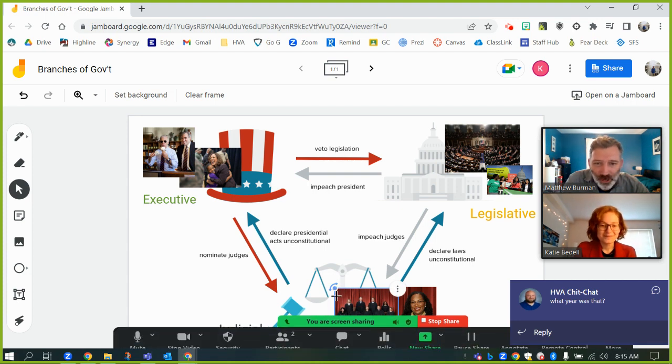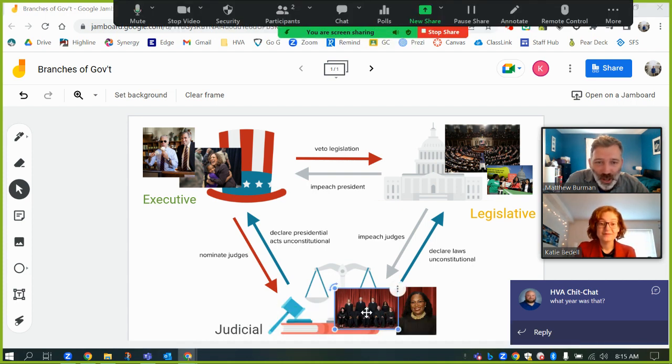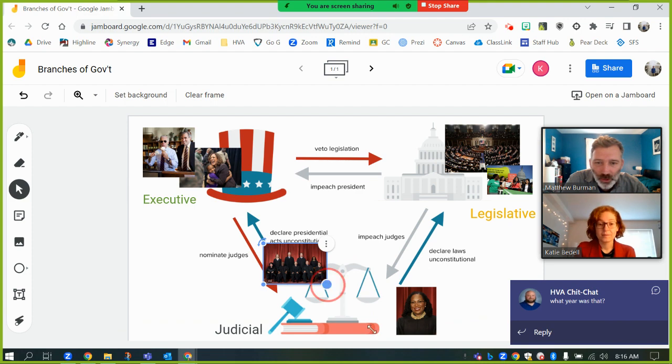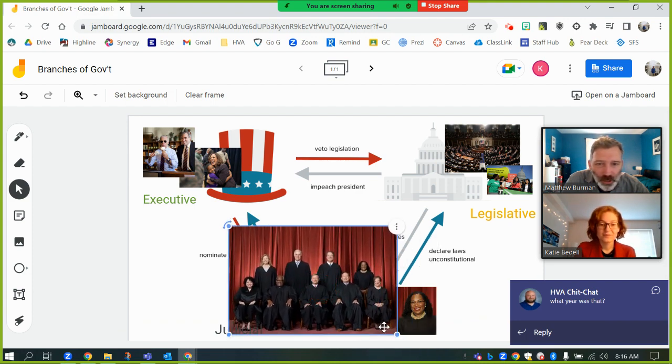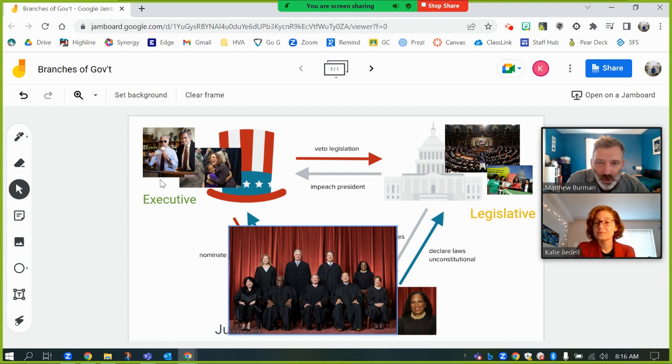The furthest away from the people directly, in terms of these not being elected, is the judicial branch. These are the 9 Supreme Court justices that are currently serving on the Supreme Court, and they are appointed by the executive branch, and then they are confirmed by the legislative branch. So the people do have a voice in this process.